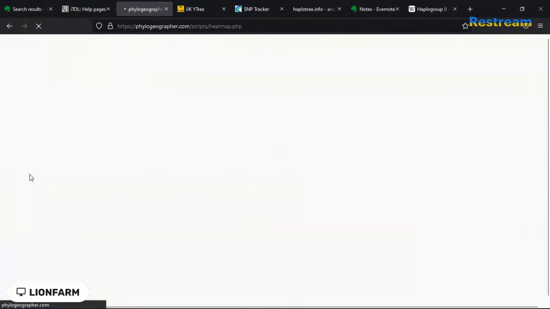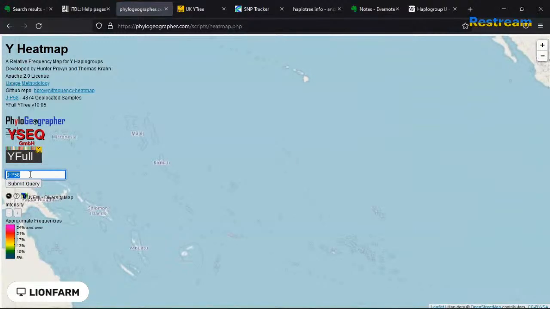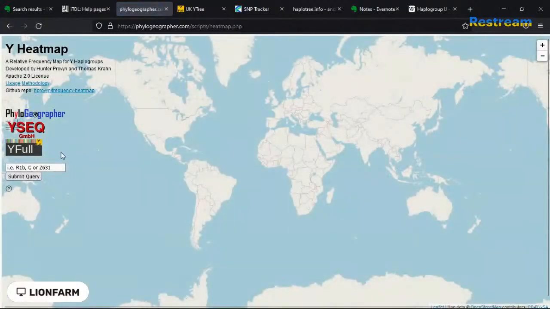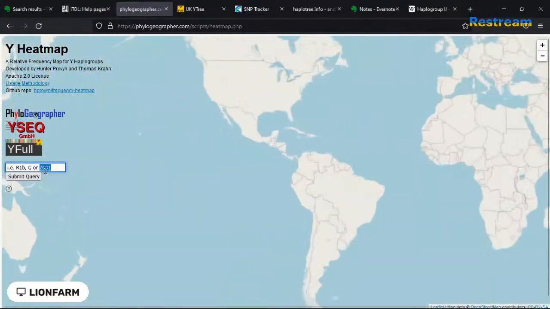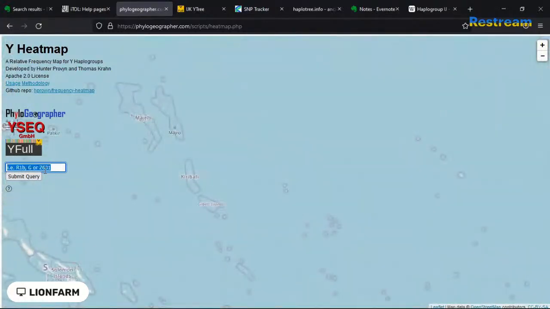So if I go back and let's say I want to find the node of all the J groups, J-M304, right? Notice it doesn't show me that. Now we actually know that that's going to be a major node, right?